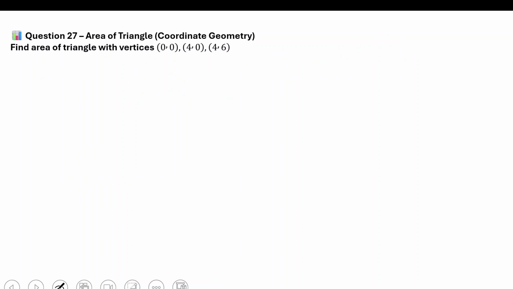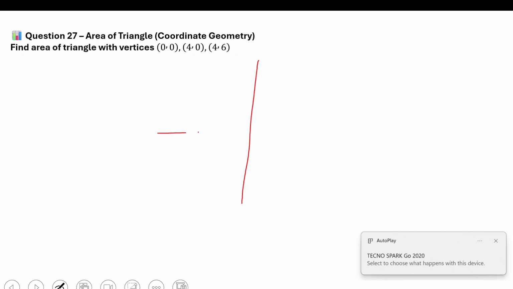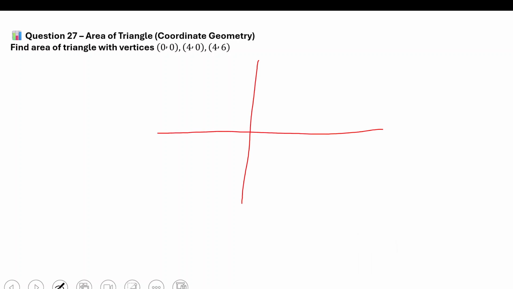So let's find the area of a triangle with vertices 0, 0, 4, 0, and 4, 6. So this one again, I can just draw my Cartesian plane like this. The first set of coordinates is 0, 0.